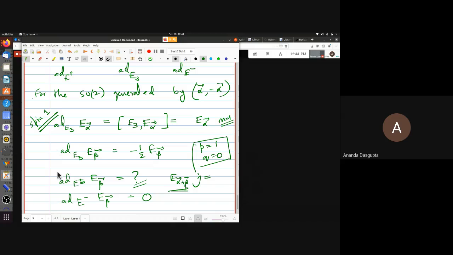So E beta and E alpha plus beta together form a vector space which gives me a representation on which ad E3, ad E plus, and ad E minus will act, and you get an invariant space. You're not going out of that space. Is it okay?